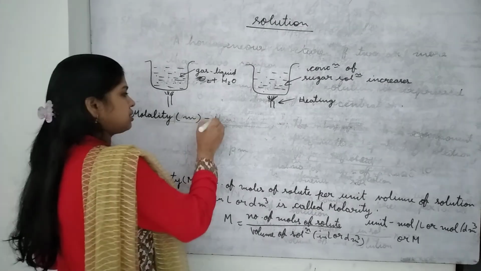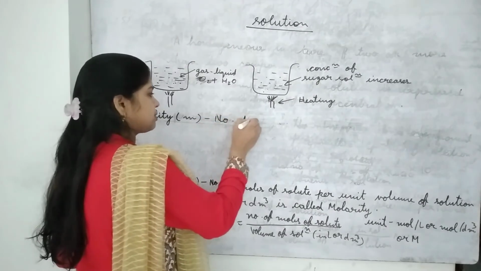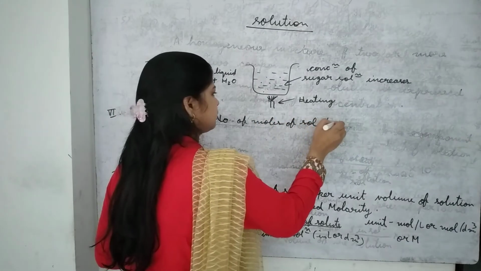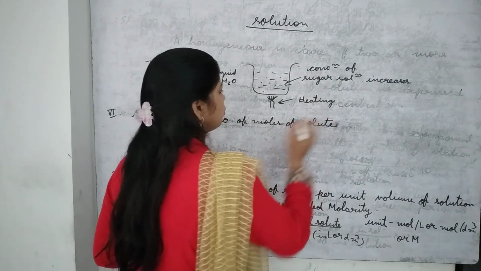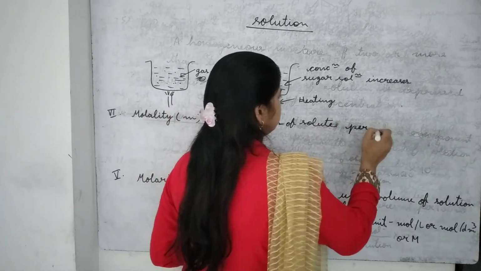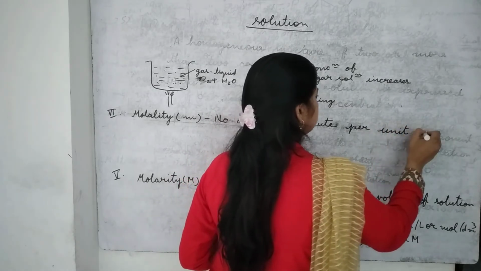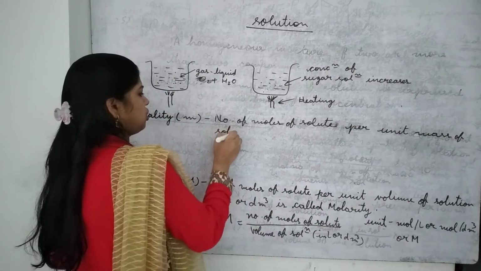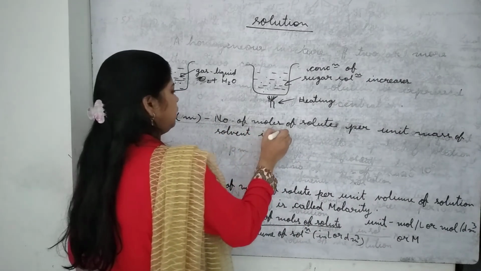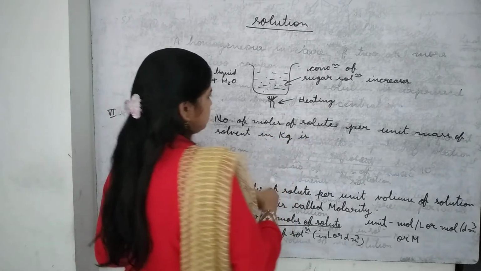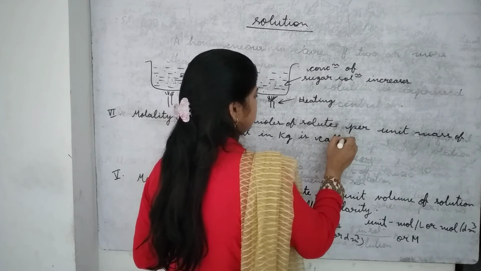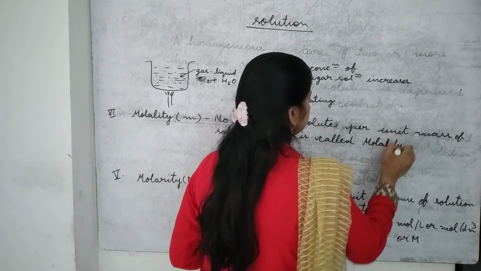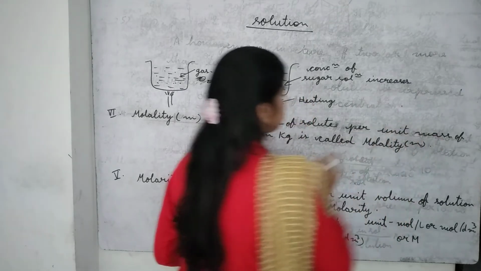So molality is what? Number of moles of solute per unit mass of solvent in kg is called molality, and it is expressed as small m.